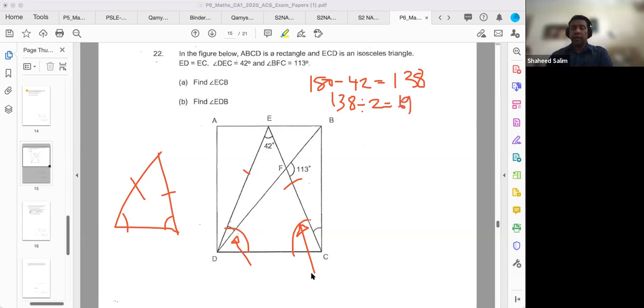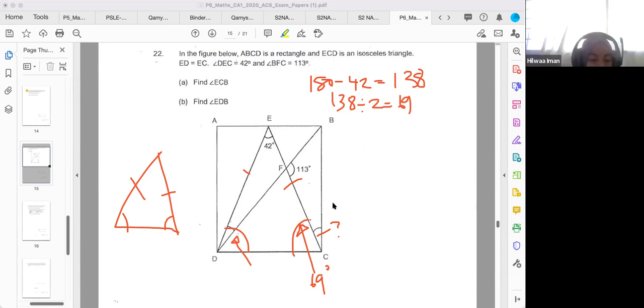This is 69 degrees. Now you want to know what this is. Can you find out? You know this is 69 degrees. How much is this one? This is an angle. So this one is 42?